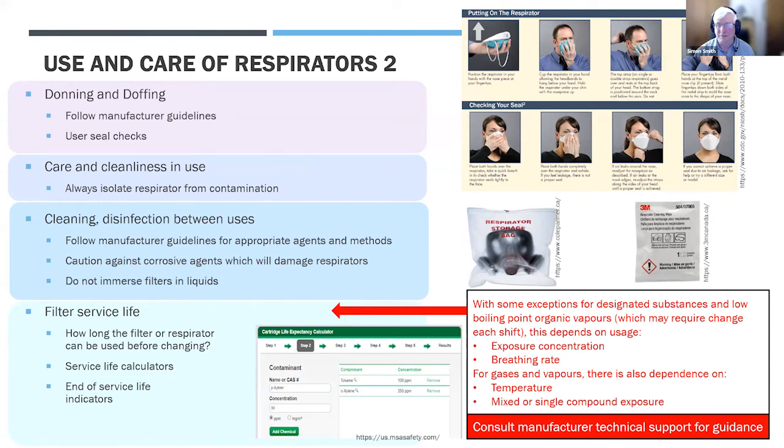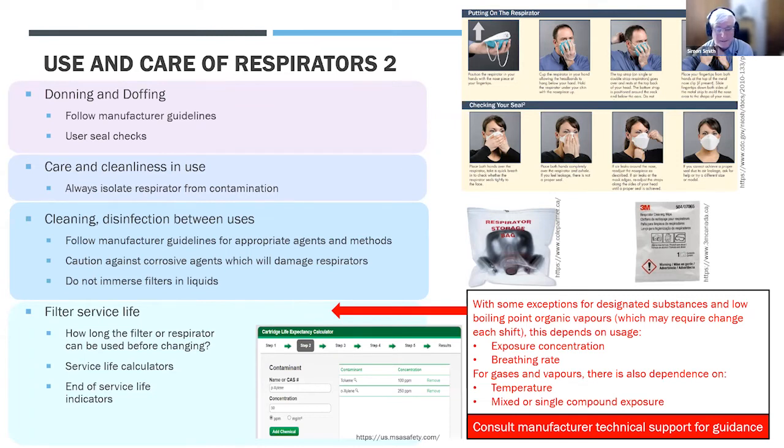Some items are changed daily, some just because of the physical contamination that they may get. In some cases, there are designated substances and other areas where filter changing is mandated. But in many cases, you can go to a manufacturer's website for a gas vapor filter, and they have some kind of calculation formula or system that can then provide you information on how long you can use a filter between changes according to exposure.